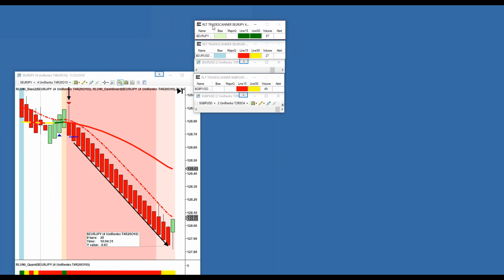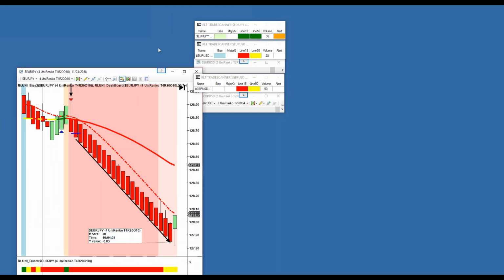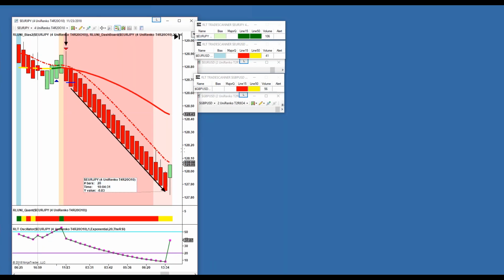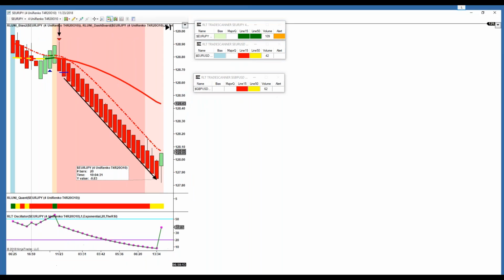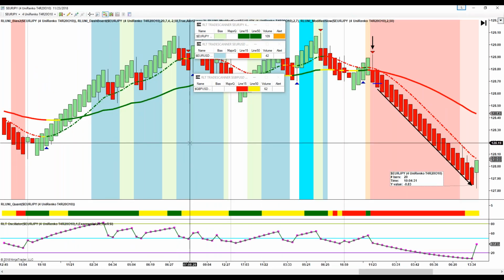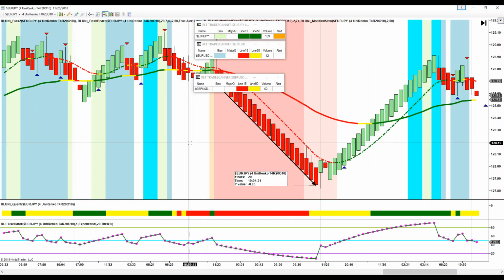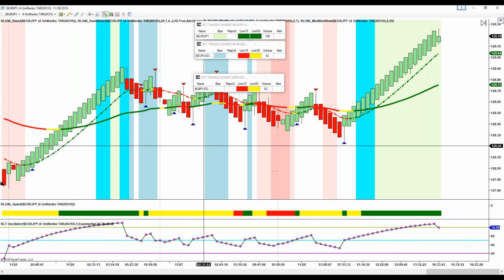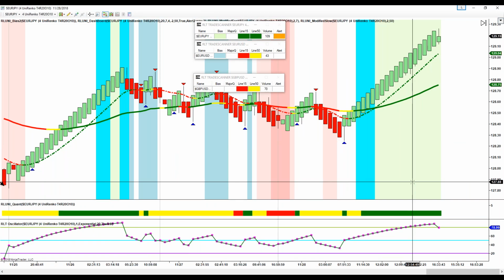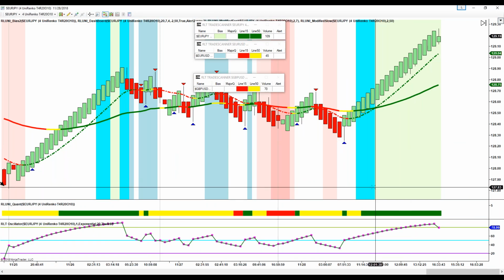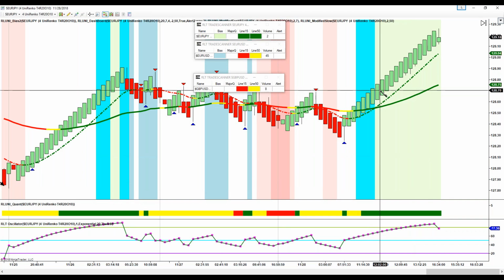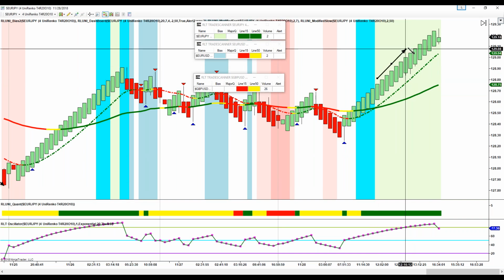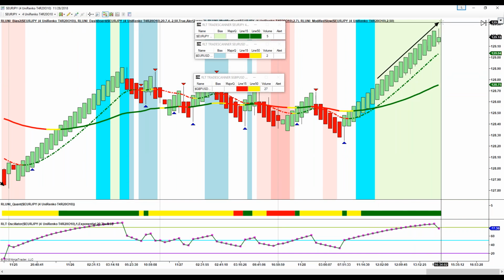Now, here's another important note. When you open up the scanner and it's signaling, let me give you an example. Like right now, here on the euro yen, you can see that you're in an area where taking a trade is very low risk.